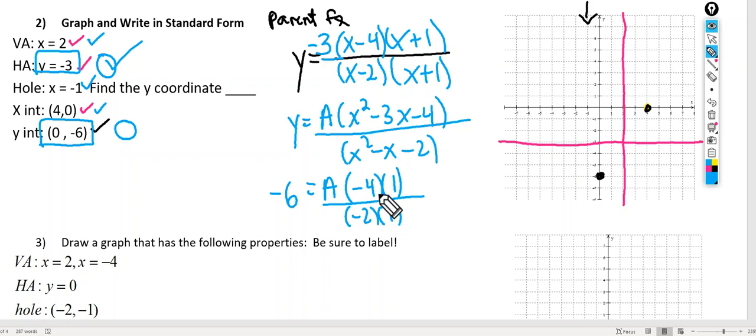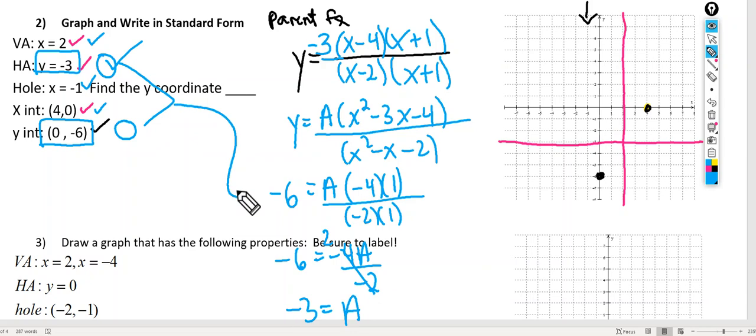Right? You can always plug in any value to find the a value. So we end up with -6, -4a over -2. Okay, so that reduces to +2, and then I divide, and I get the a value is -3. So look at this. Either of these things can be used to find the a value.